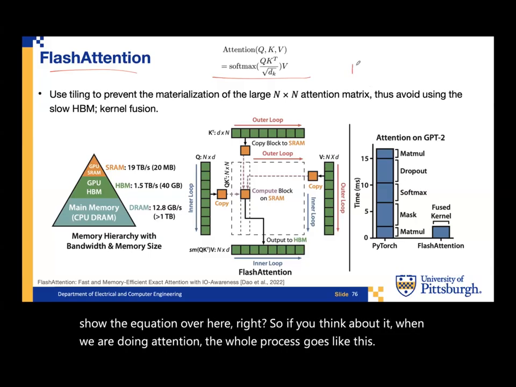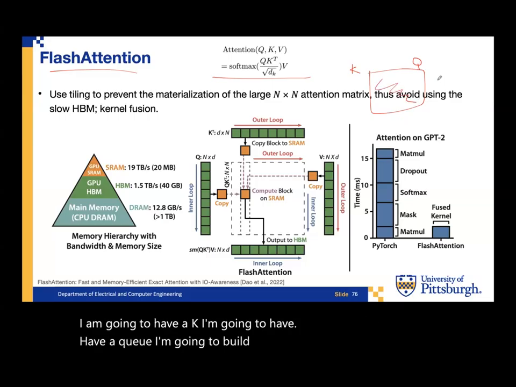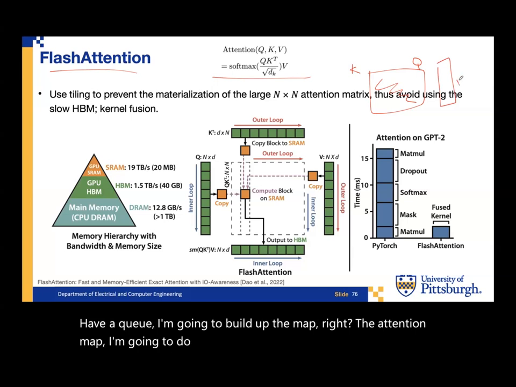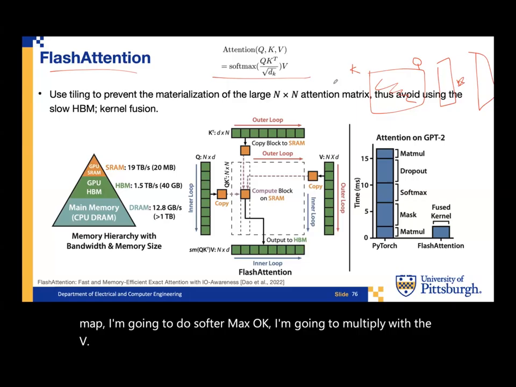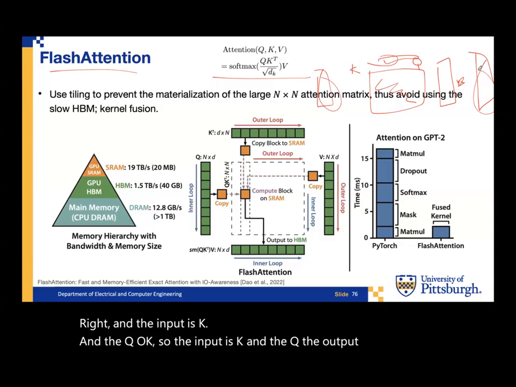I'm going to have a K, I'm going to have a Q, and I'm going to build up the attention map. I'm going to do softmax, and then multiply with the V. The input is K and Q, and the output is V. Make sense?